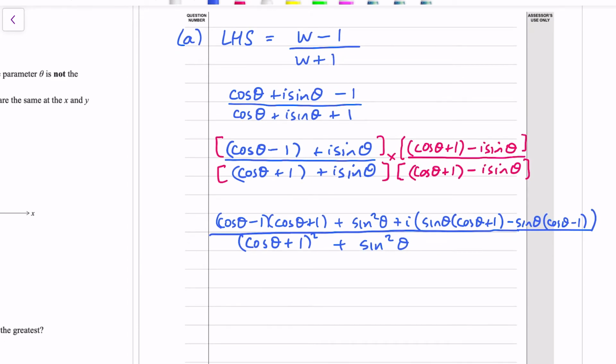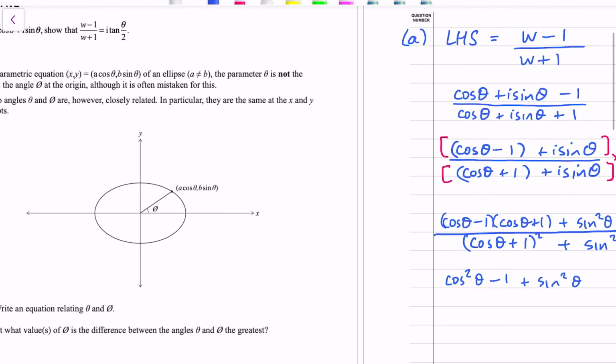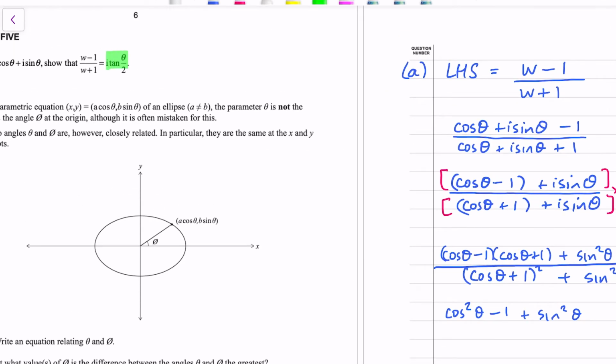Okay, the numerator, when we expand it out, we get cos squared theta minus cos plus cos minus 1 plus sine squared. Cos squared plus sine squared equals 1, which is brilliant because those things all cancel, 1 minus 1. And the thing we're trying to aim for is a purely imaginary number. There's no real part there. i times tan theta over 2 doesn't have a real part.